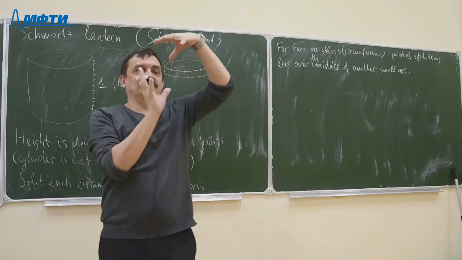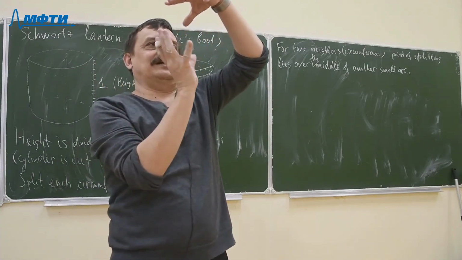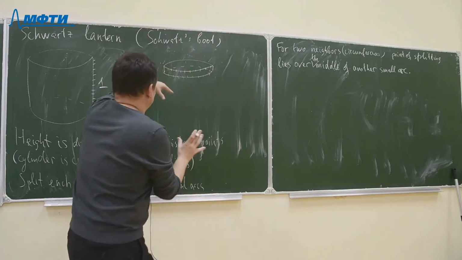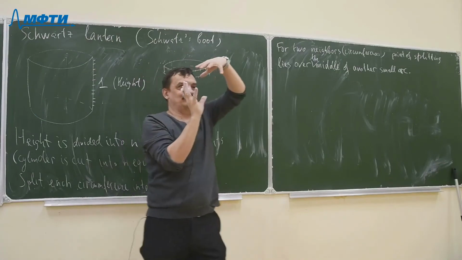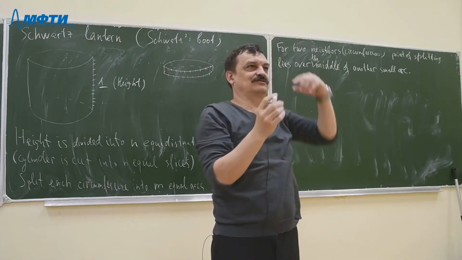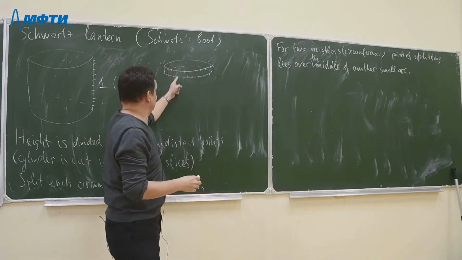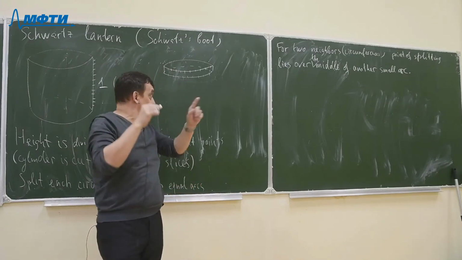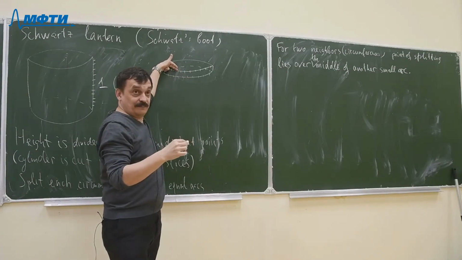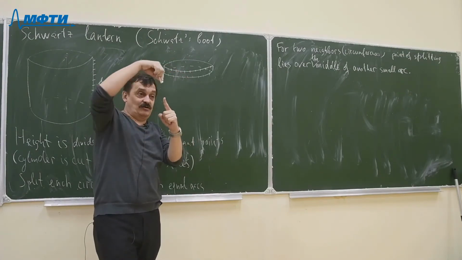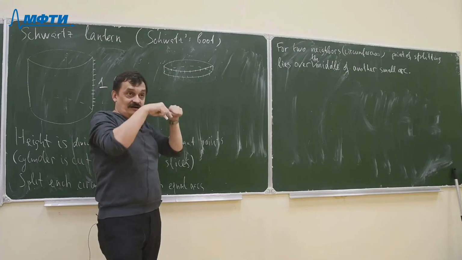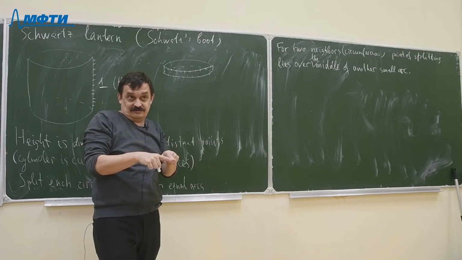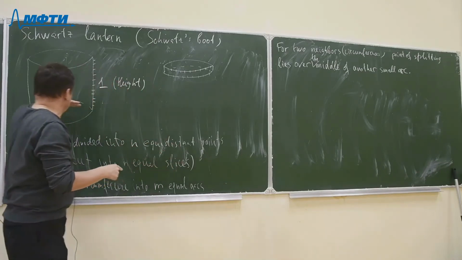You rotate a little bit, right? You rotate one circumference with respect to the other to make the correspondence like that. So every point of the upper circumference is precisely over the middle of an arc of the lower circumference. And we do it for each slice.